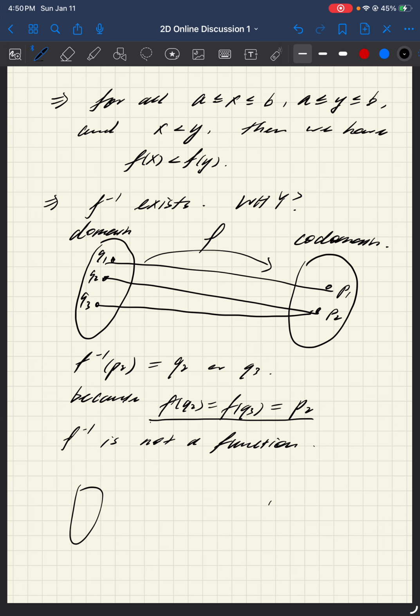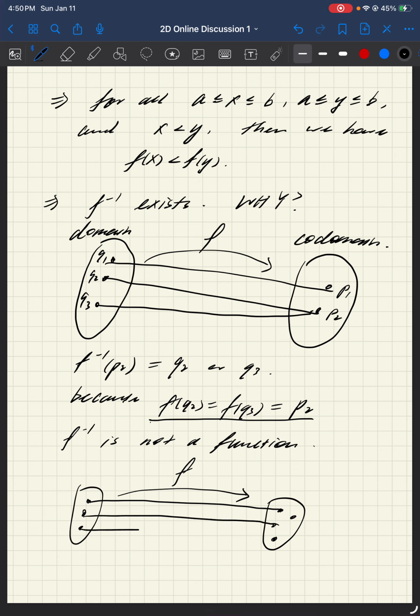But whenever my f is a nice function that behaves nicely, for example, it provides a 1-to-1 matching in the sense that it maps different points to different images, so again, with Q1, Q2, Q3, f(Qi) is not f(Qj) for all i not equal to j, then f has a defined inverse function.